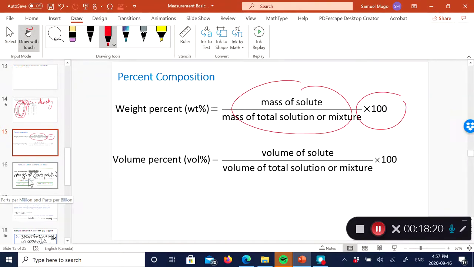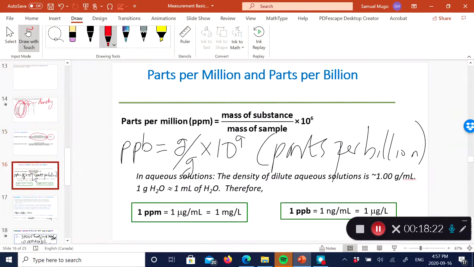When you're dealing with very small amounts, you use parts per million, or ppm, which refers to the ratio of the substance to the sample multiplied by 10 to the power 6. We can also have parts per billion, which means gram to gram, that's the mass of the substance divided by the mass of the sample times 10 to the power 9.